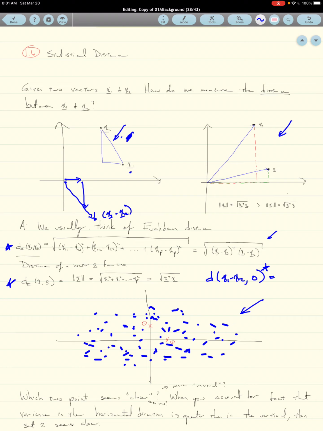Its contours would be ellipses and not circles. And let's think of two locations. I have location 1 here on the vertical axis up here. I have location 2 shown in red on the horizontal axis.